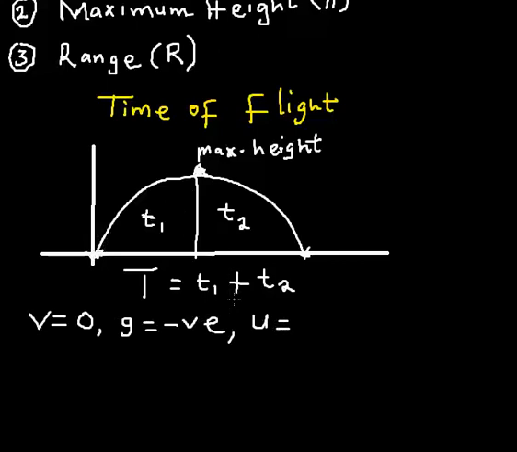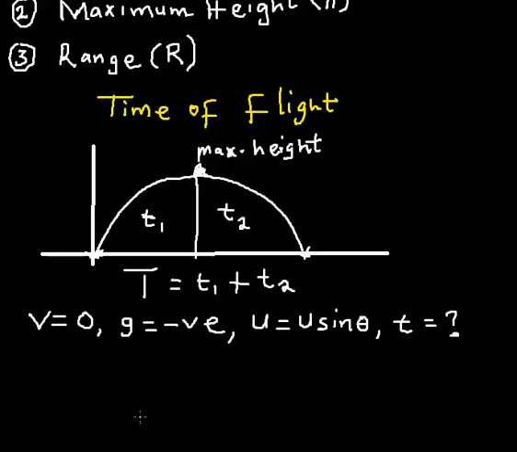In this scenario, the component I need is the vertical component, since I'm looking at the time it takes the projectile to get to the maximum height. That is u sine theta, that's going to be my u. Now what I'm looking for is a small letter t.